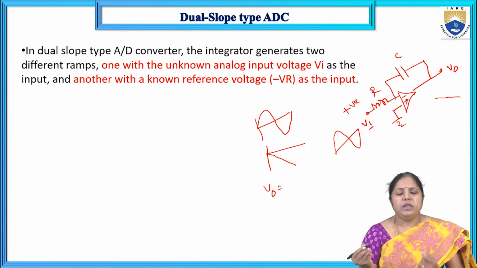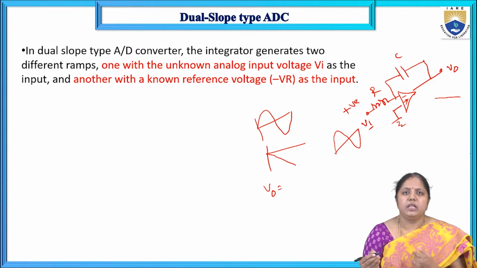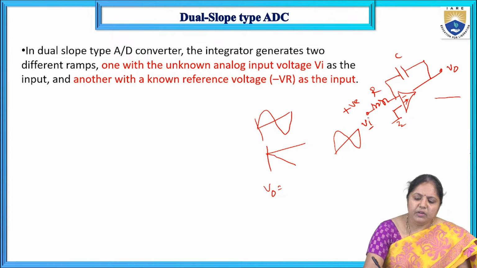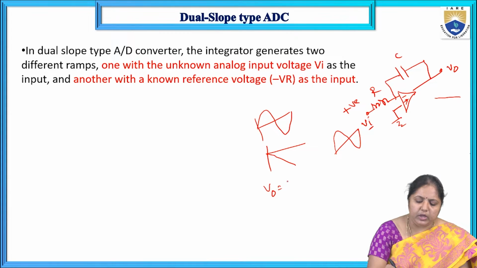Why am I getting this? If you recall the basic expression for the integrator, if the input of the integrator is Vi, then the output voltage V0 equals minus 1 by RC into the integral of Vi dt.